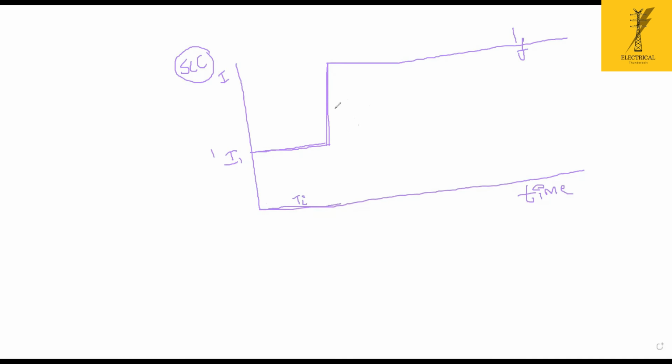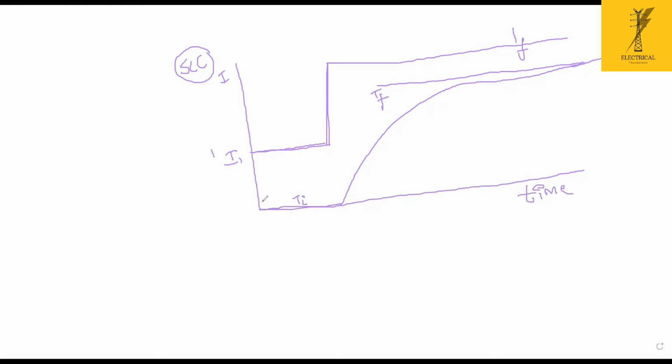Based on heat dissipation, it has a gradual rise like this, and it reaches the final conductor temperature. It rises in a curve, not in a step, with some linearity, and reaches the maximum final temperature.